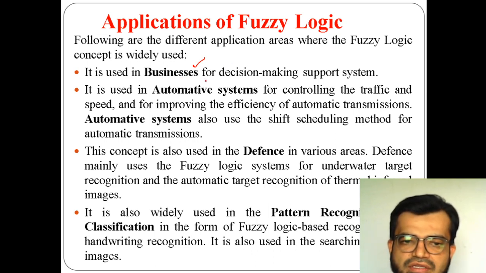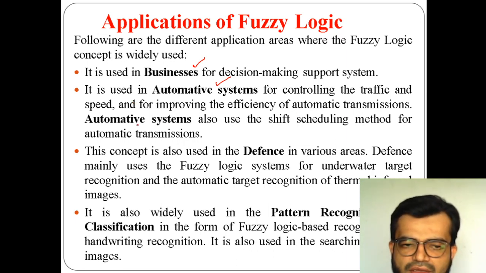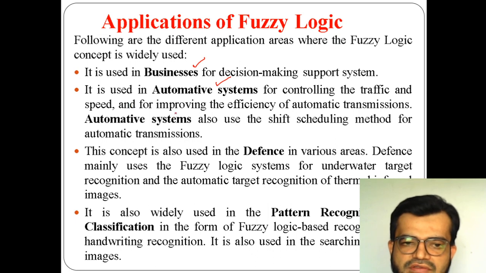It will also be used in automotive systems such as traffic and traffic signals. Also you can have fuzzy sets, and automatic transmission or whatever automotive systems there are, you can use this as well.